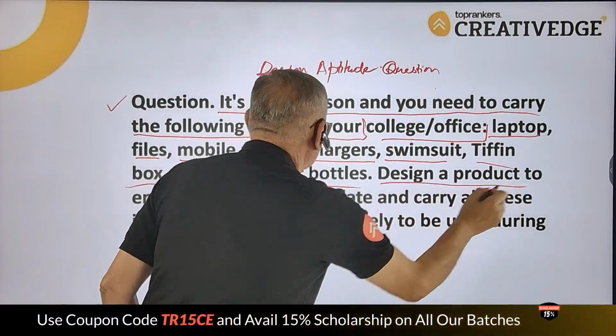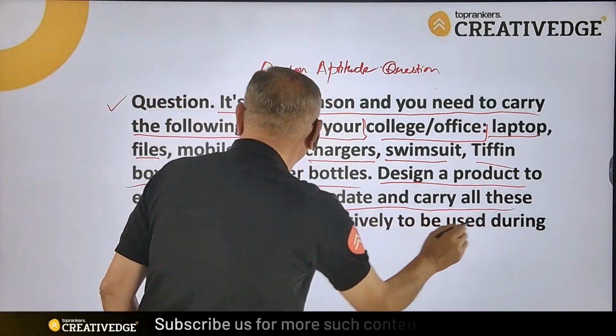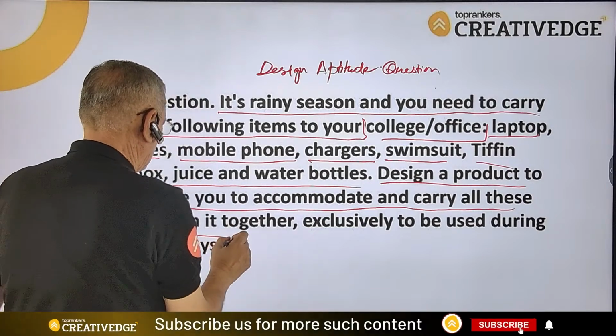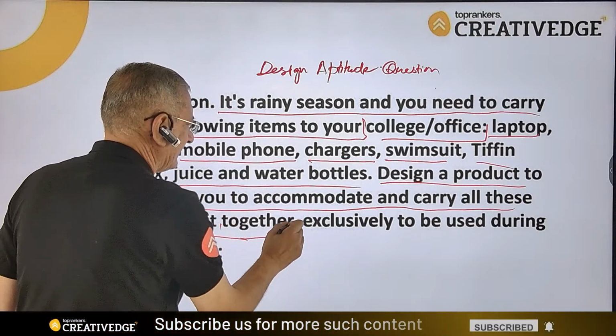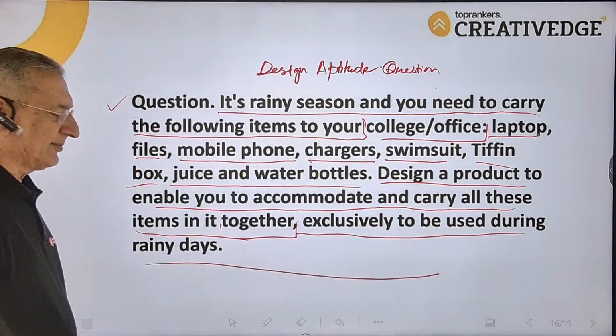Design a product to enable you to accommodate and carry all these items in it together, exclusively to be used during rainy days.